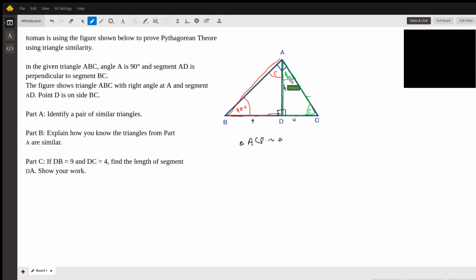A is not 90 minus C, so A corresponds to B. So these two angles are congruent, so I'm going to write triangle B. And then the angle C is here, so the C would be up here, so that would be A. And then, of course, we have the other angle in this red triangle, which is angle D.